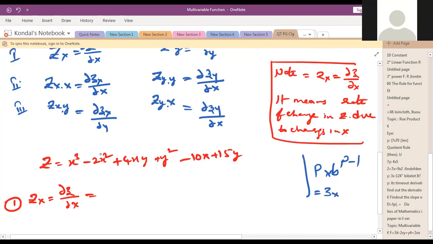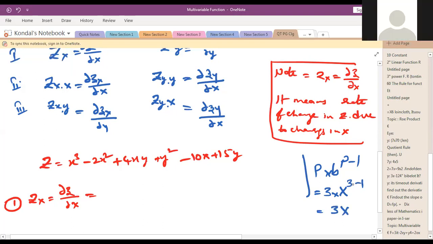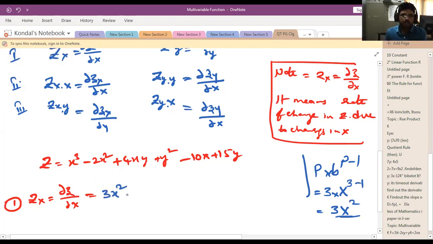What is the base? x. What is the power value? 3 minus 1, that is 2. So 3 into x power 2, that is 3x square.